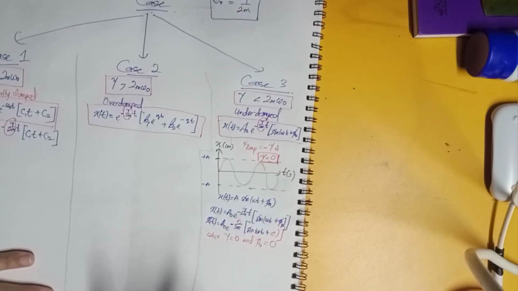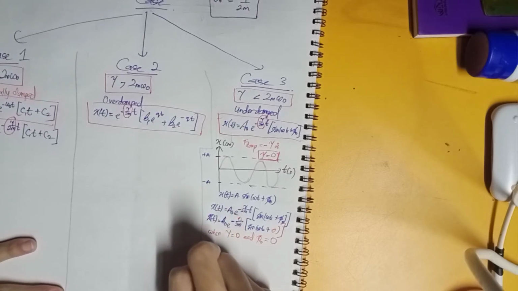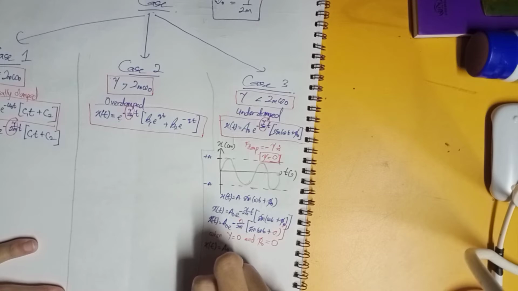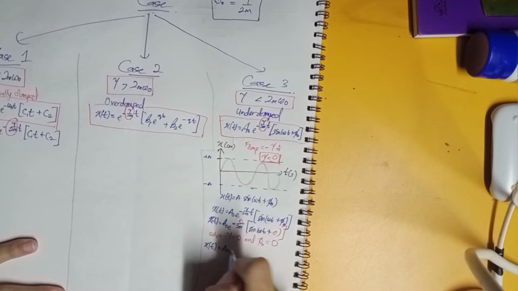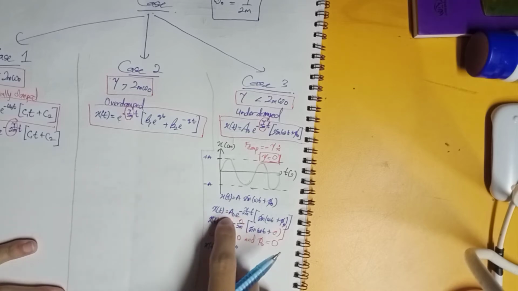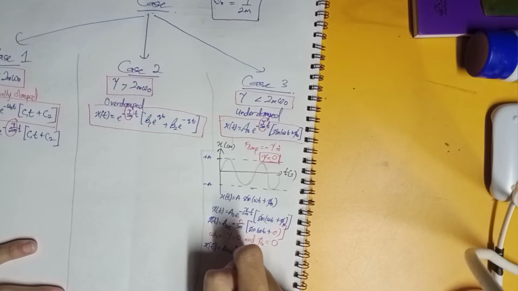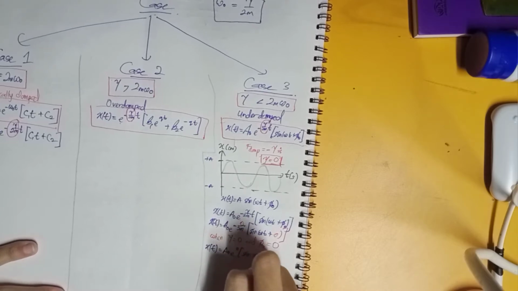So when we do that, we will actually get x(t) equal to A naught times the exponential power of 0, because 0 over 2m is equal to 0. Now times sine omega t.